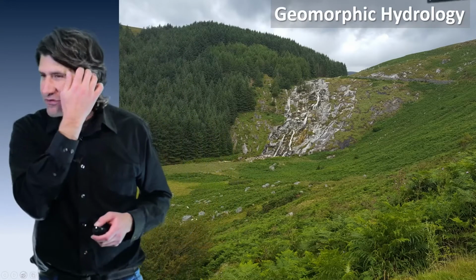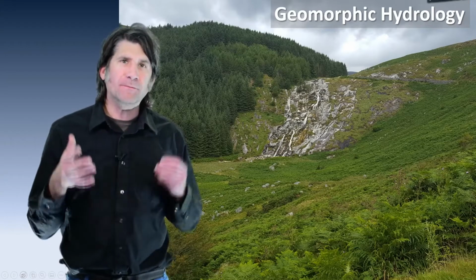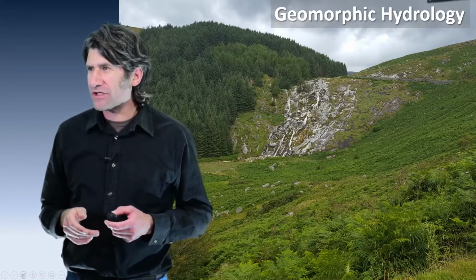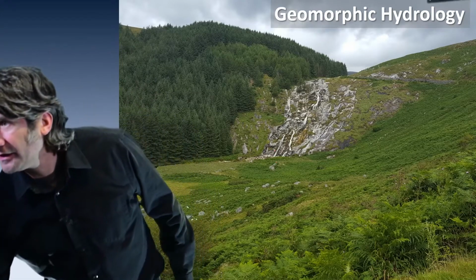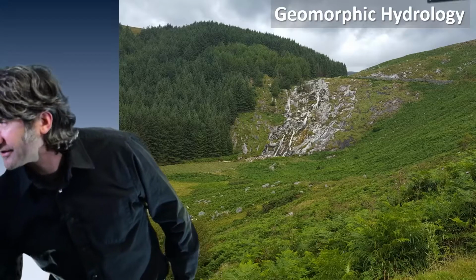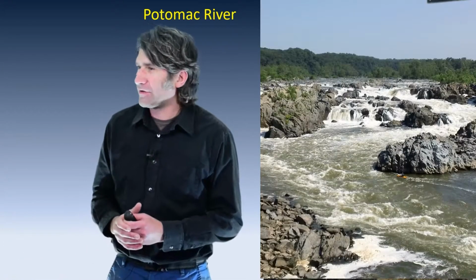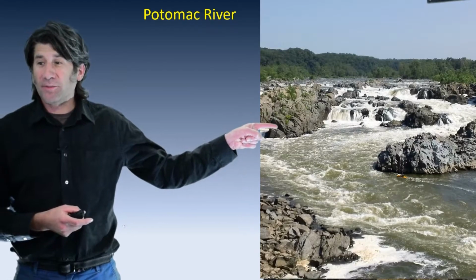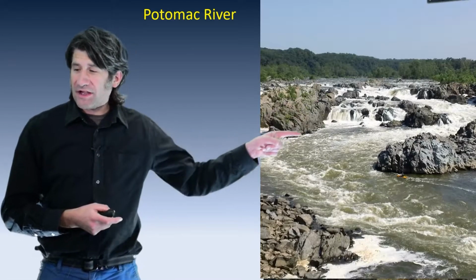And just for an example, when thinking about how important hydrology is for geomorphology, have a look here at the Potomac River. Here it is, the Potomac River right here. This is a nice looking river.